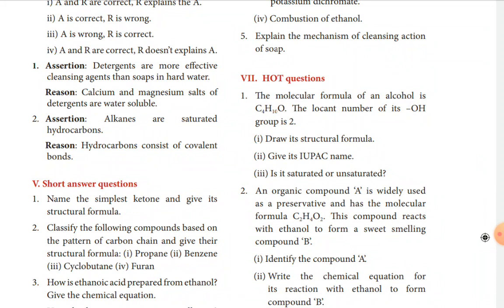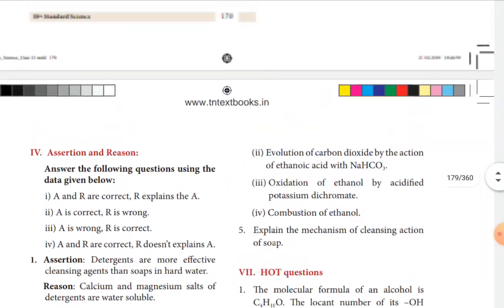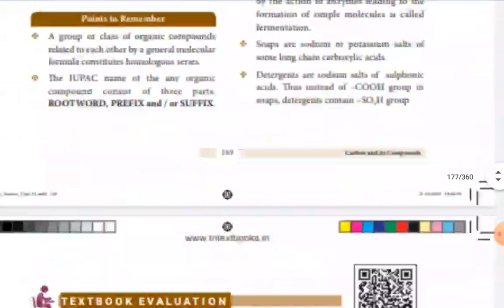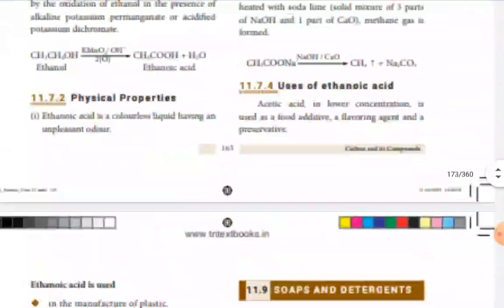Classify the following compounds based on the pattern of carbon chain and give their structural formula: propane, benzene, cyclobutane, furan. It is given in the beginning of the lesson.